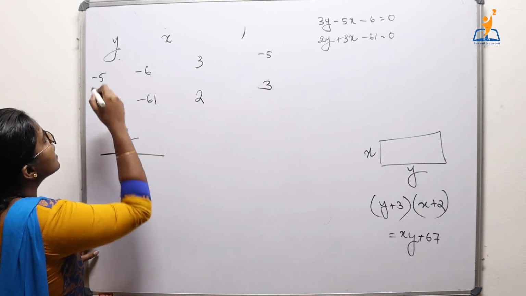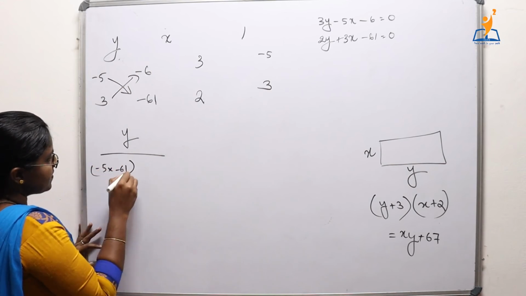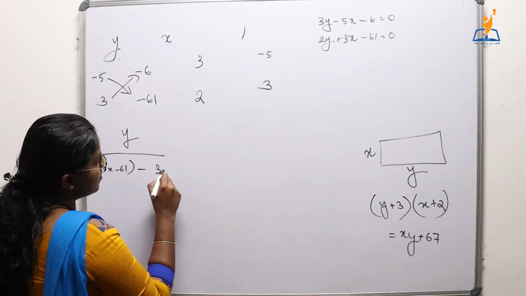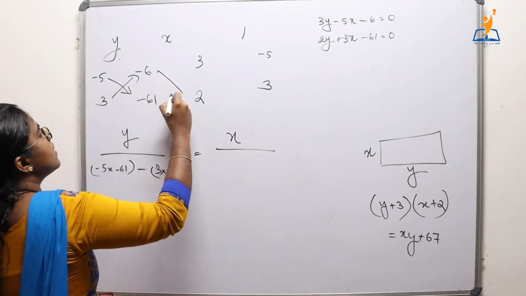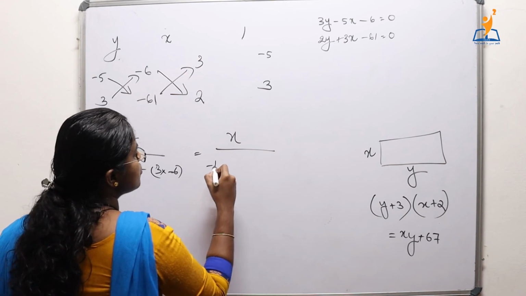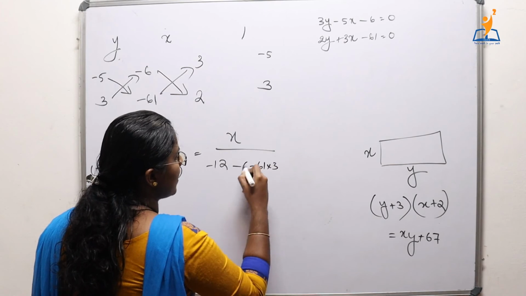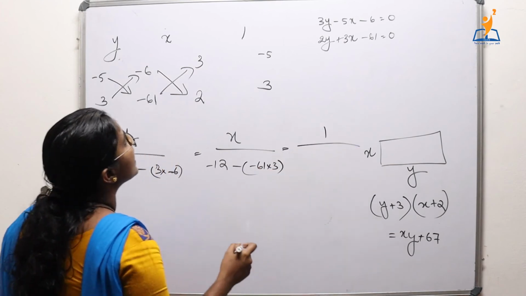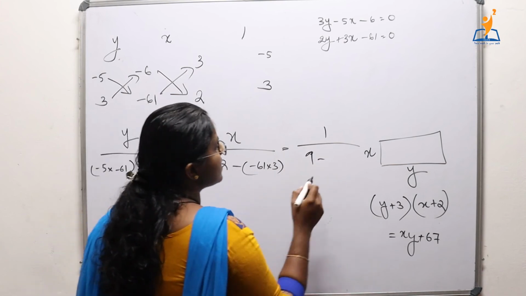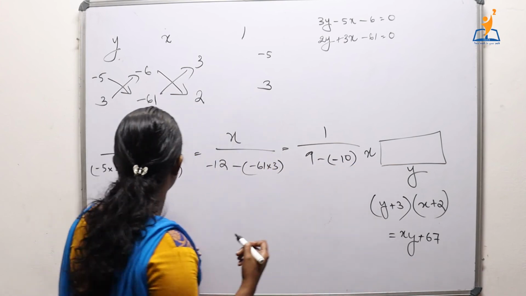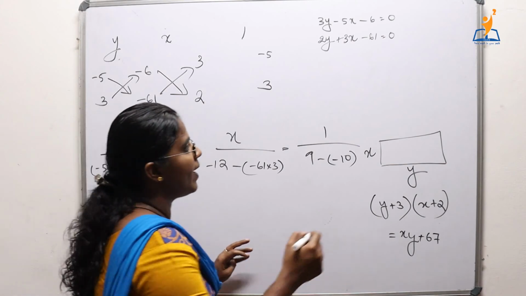y by minus 5 into minus 61 minus 3 into minus 6, which is equal to x by minus 6 into 2 is minus 12 minus 61 into 3, which is equal to 1 by 3 into 3, 9 minus 2 into minus 5 is minus 10. Now we have y by minus 5 into minus 61.